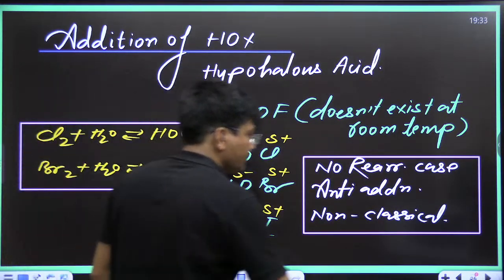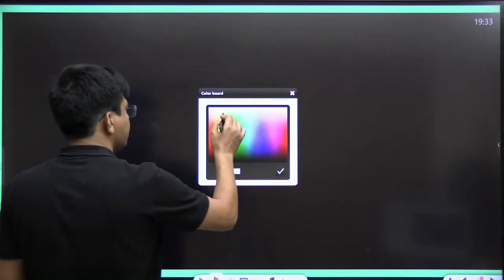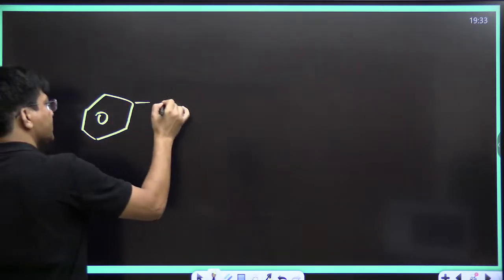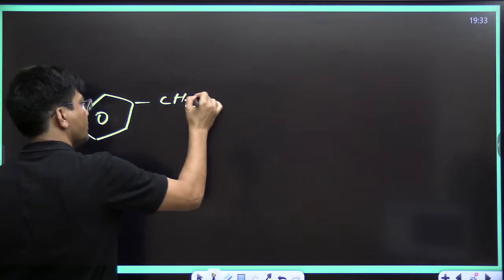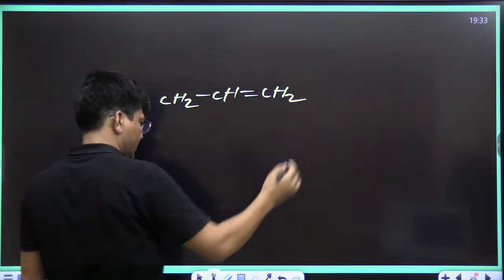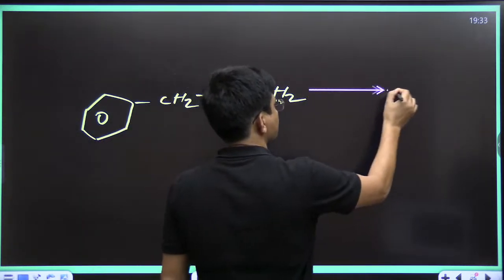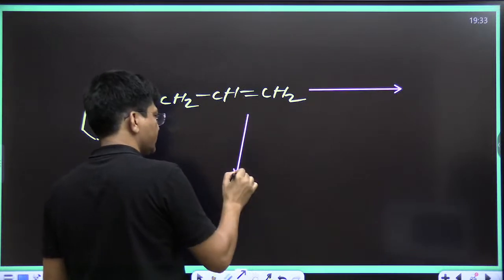Let me tell you, my dear friends. Suppose I compare the reactions, just see the comparison. If I write it like this, CH2, CH, double bond CH2, and I am going to give you two types of reagents. One reagent is this, another reagent is this.